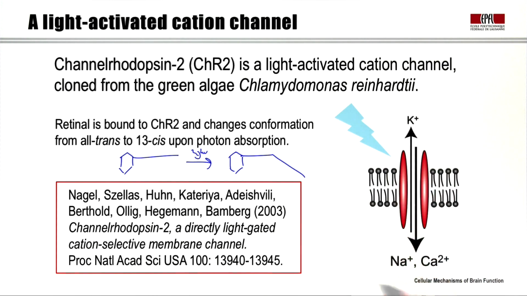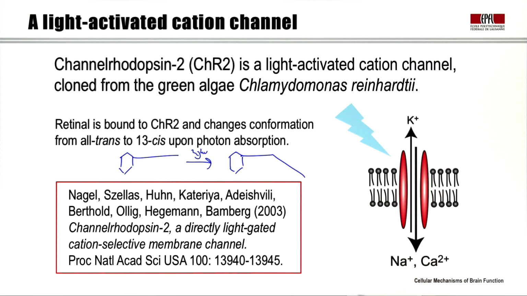So we've already seen other ion channels that are gated, for example, by neurotransmitter like the glutamate receptors, or by voltage like the voltage-gated sodium channels. Here we now have a light-activated channel where absorption of a photon on the millisecond timescale causes an increase in open probability.